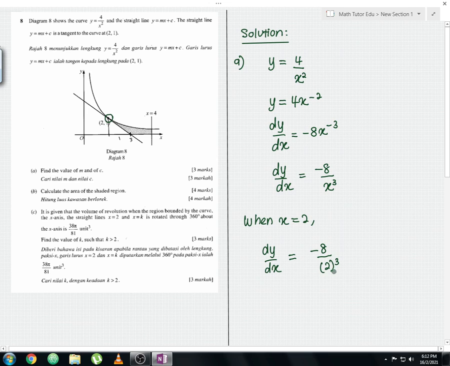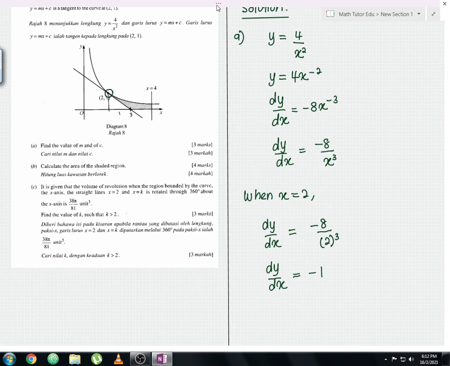So negative 8 divided by 8. So from here you will get dy over dx is equal to negative 1. Okay, so this is your first step. Okay, let me underline this.